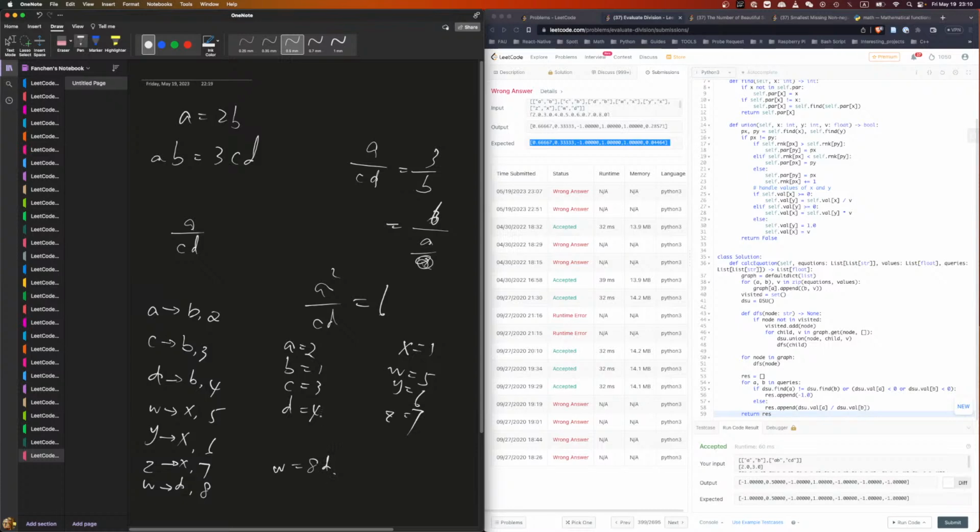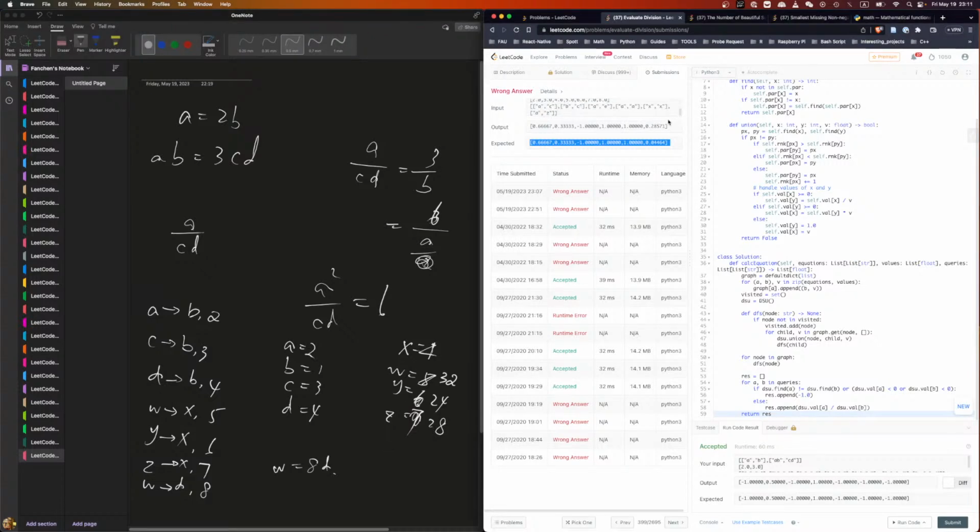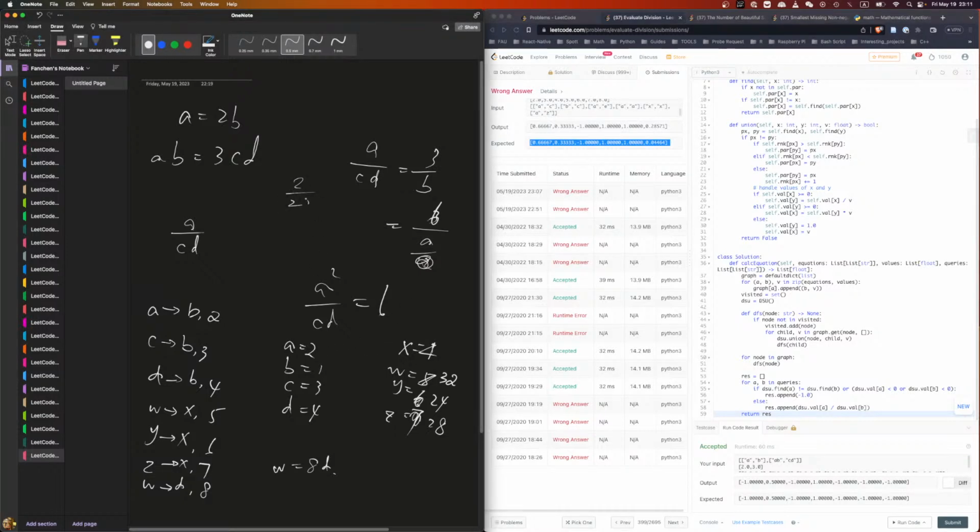Now D is 4, right? So W shall be 32, right? So everybody shall times 4. So this one shall be 4. This one shall be 24. This shall be 28. And what's the last one that we're supposed to do? A divided by Z. So it should be 2 divided by 28.